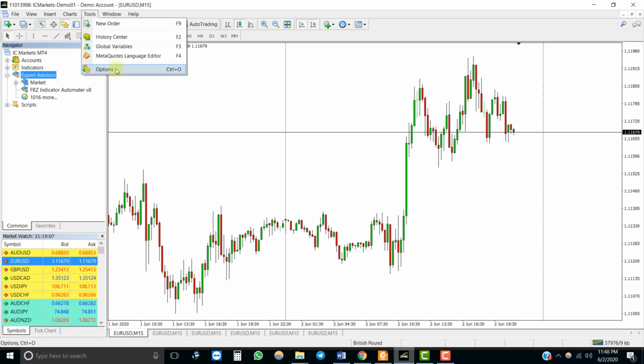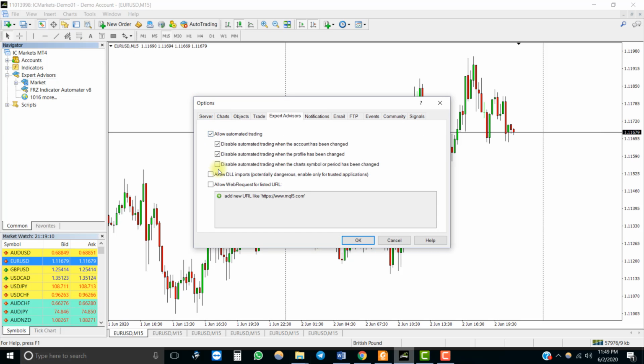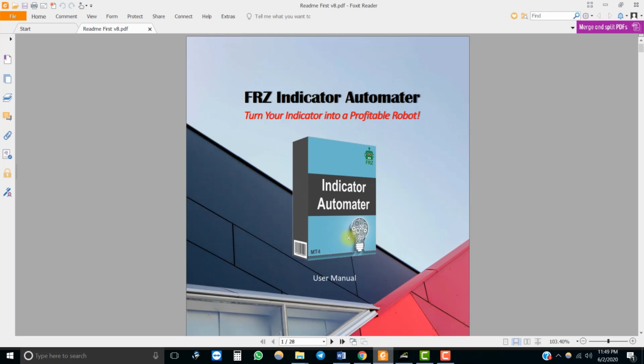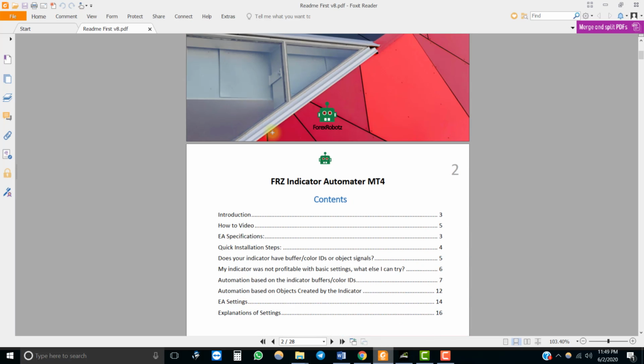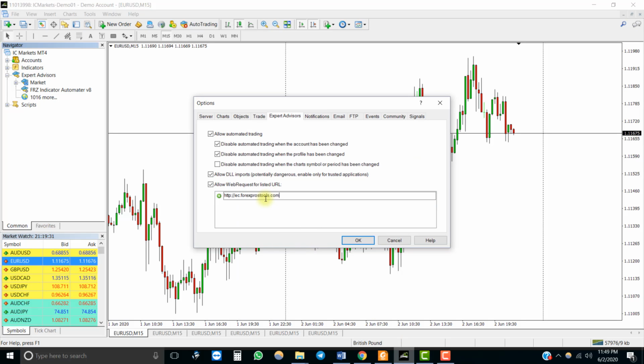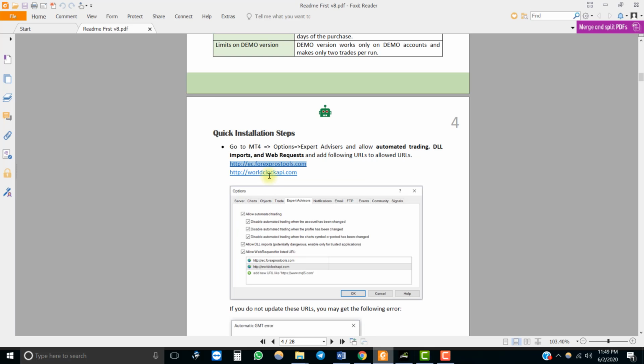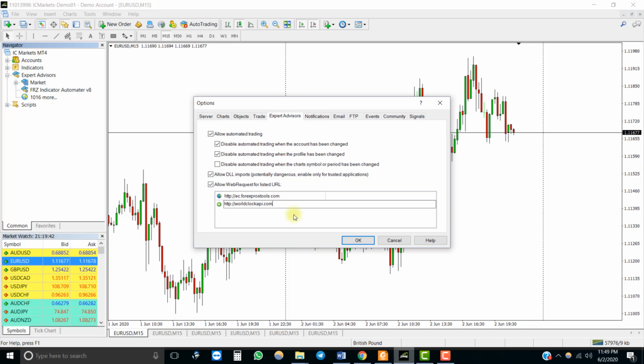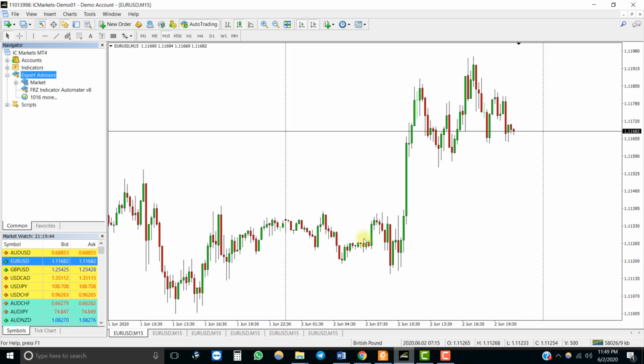Then you need to go to MT4 options and enable automated trading and add these two URLs to the allowed list. Now the EA is ready to be used with your indicator.